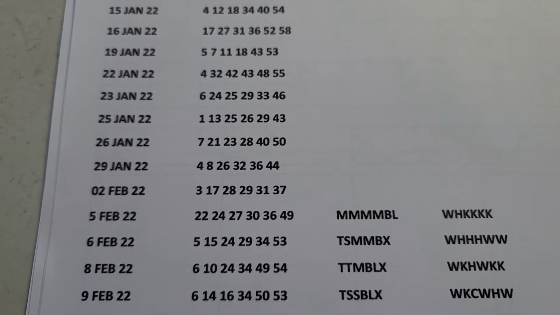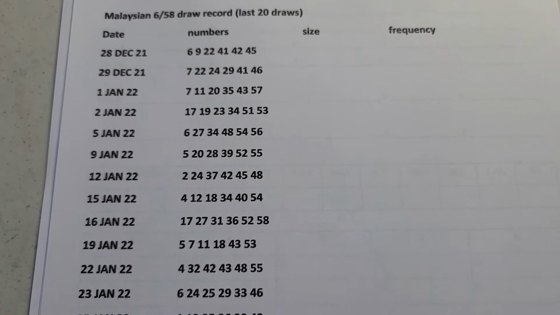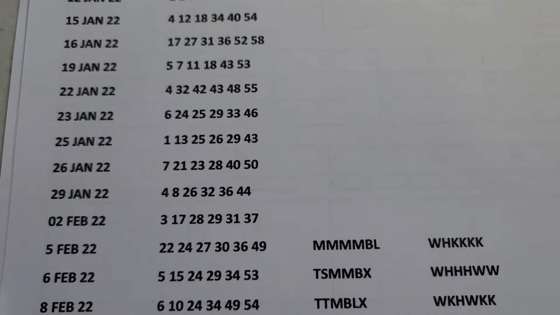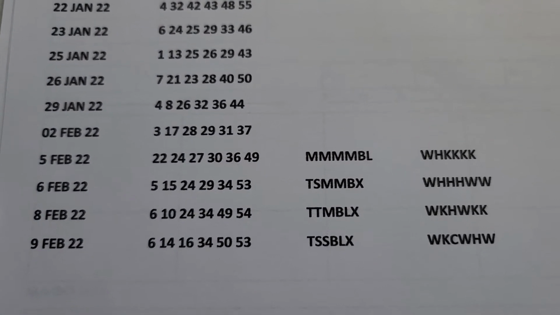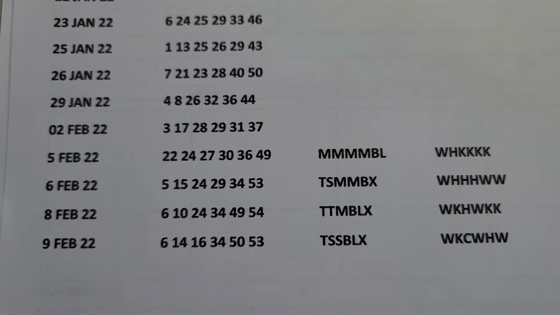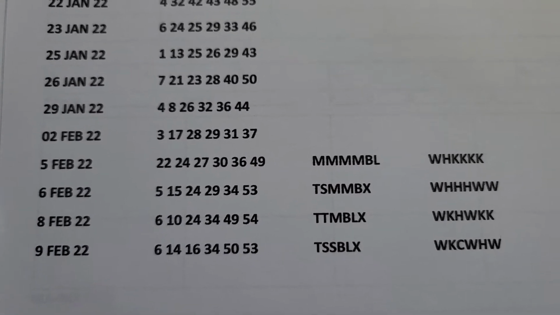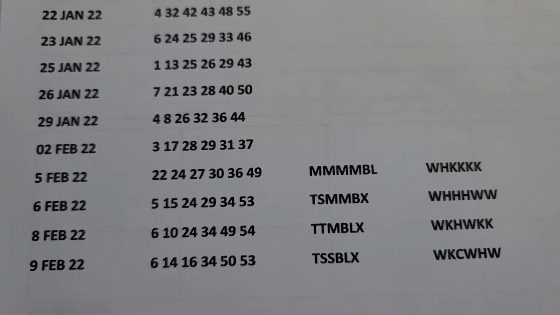And right here you have the last 20 draws. Now, in order to get my number profiles and establish my number profiles, I analyze the last 4 draws.